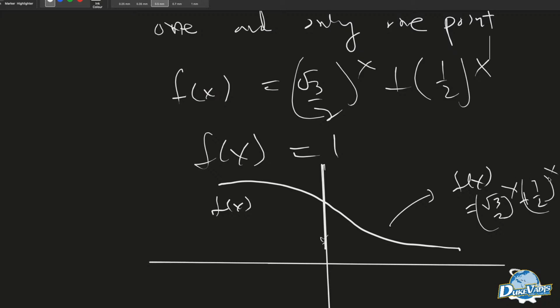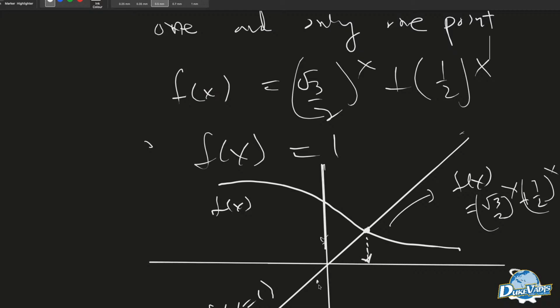Then the equation of a line for this one, since we have f of x equal to 1, this would be a straight line. So f of x equals 1. You see that there's only one point here.